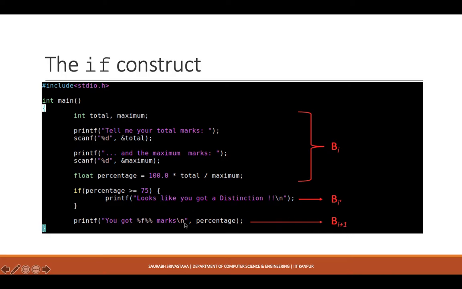Okay, so the statement that is next to the if statement, within this code block, is this and not this, because this is actually a separate code block. So the next statement to the if is this particular statement, this is bi plus 1.